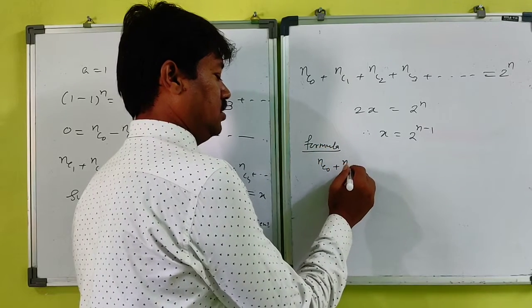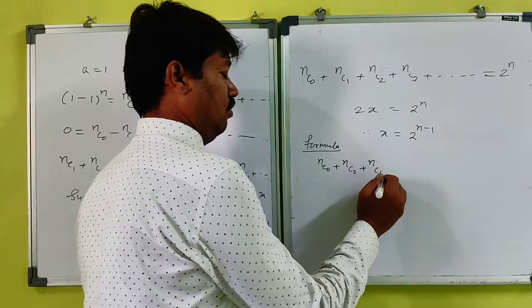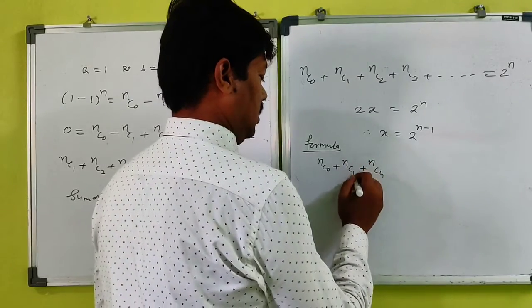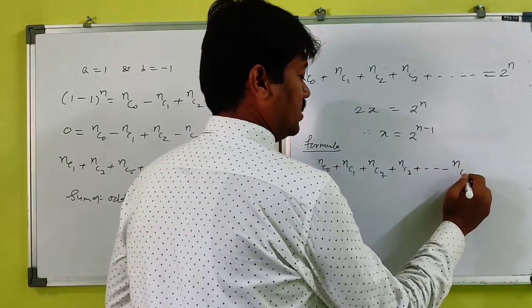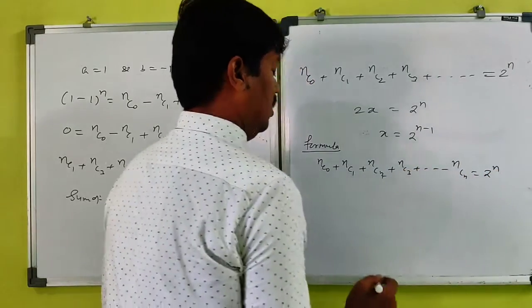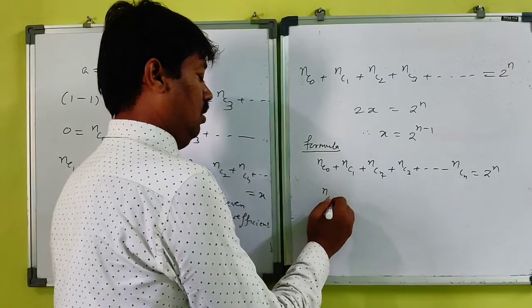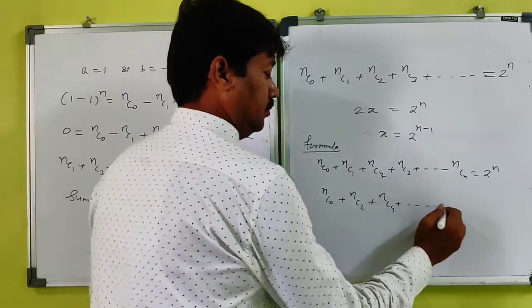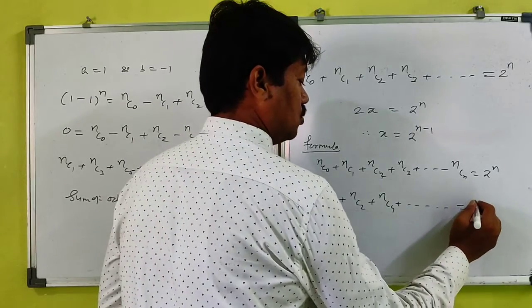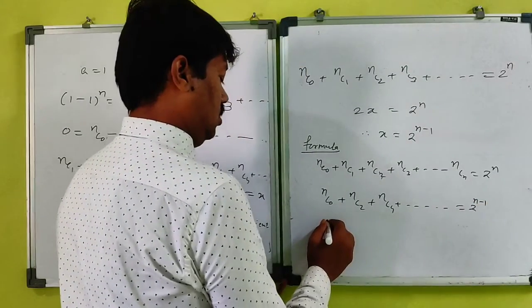That means we get a formula here. So what is the formula? nC0 plus nC1 plus nC2 plus nC3, like that up to nCn, is 2 raised to n. And if you take only even terms, it will be what? 2 raised to n minus 1.